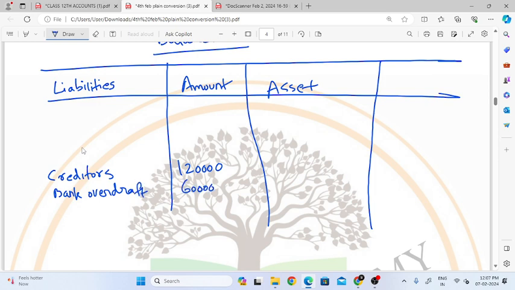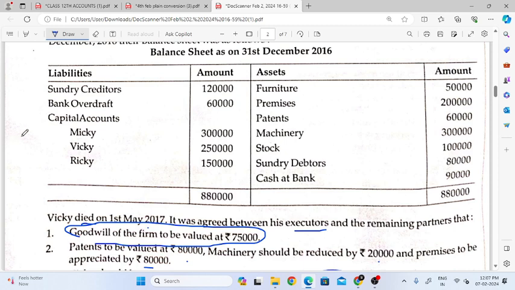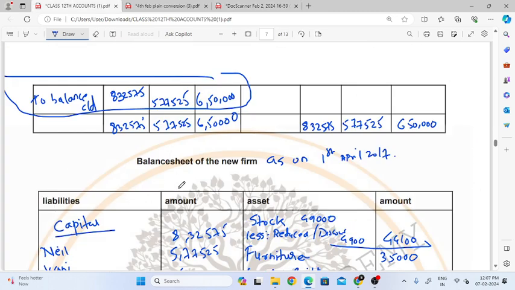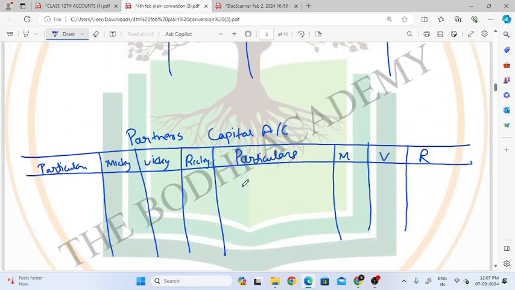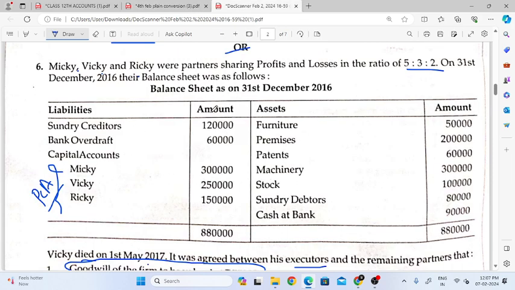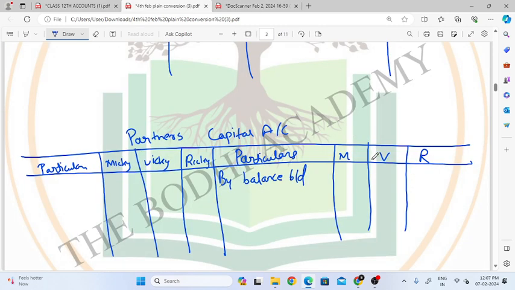Then these are the capital accounts which we have to transfer to the partners capital account, PCA. Okay, partners capital account.